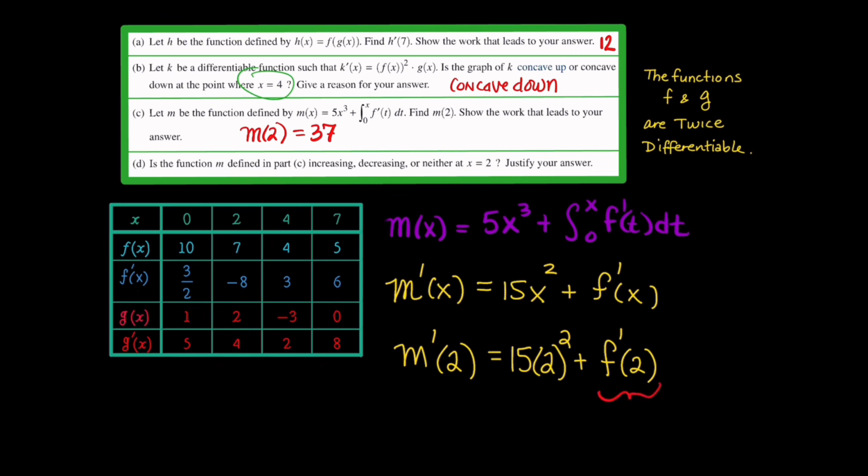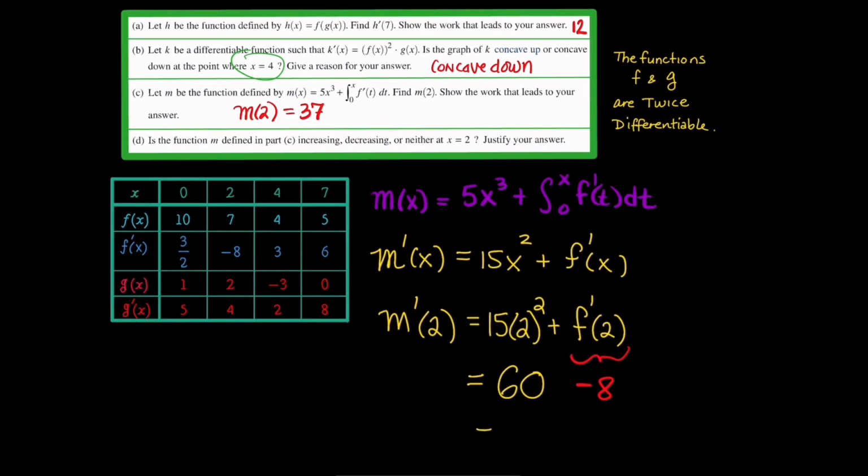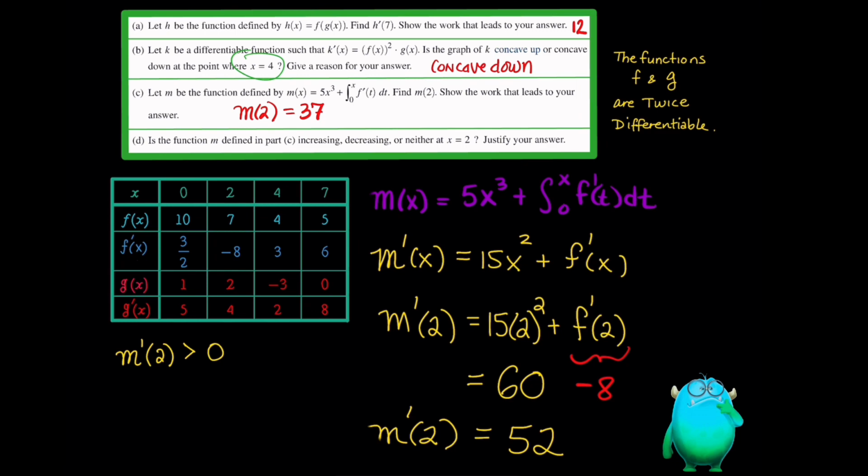So now m prime of 2 is going to be the value we get by finding 60 minus 8, or 52. So m prime of 2 is 52. It's a positive quantity. We can then draw the conclusion that since it is positive, m is increasing at x equals 2.